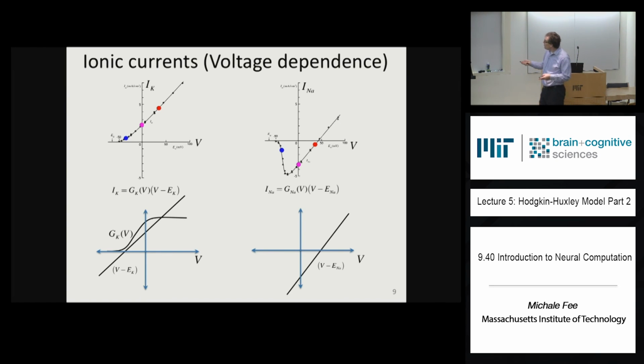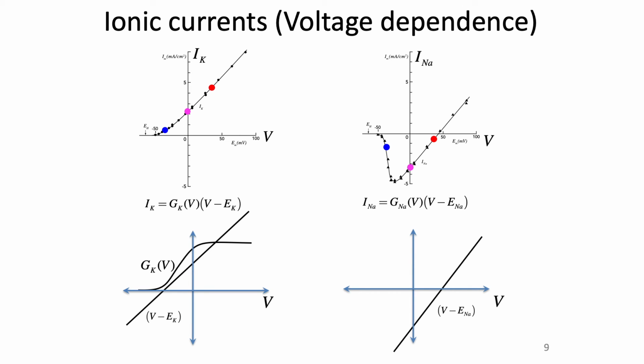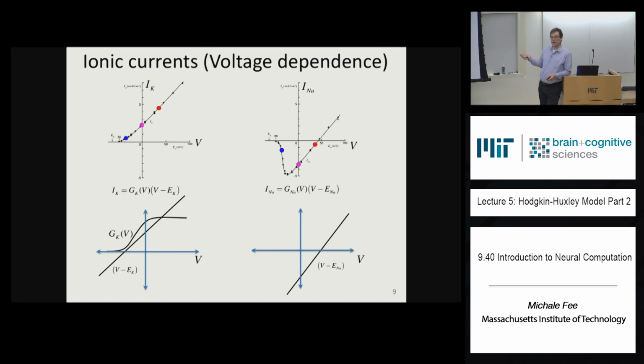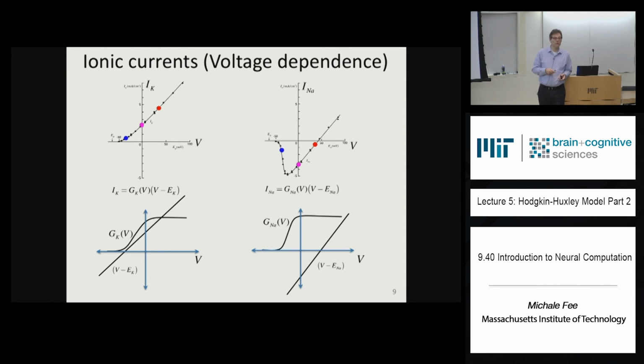Okay? And what about up here? This is linear, so the sodium conductance has to be what up here? Constant. Good. So you can see that the sodium conductance has exactly the same shape as the potassium conductance. It's not exactly at the same voltage, but it's close.